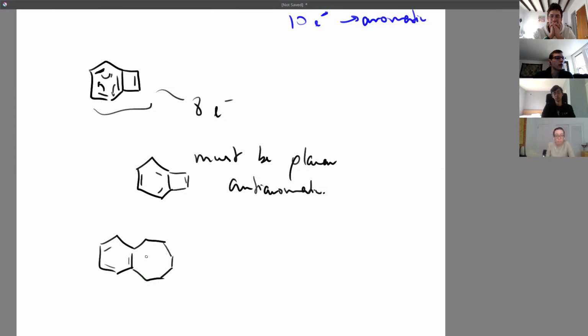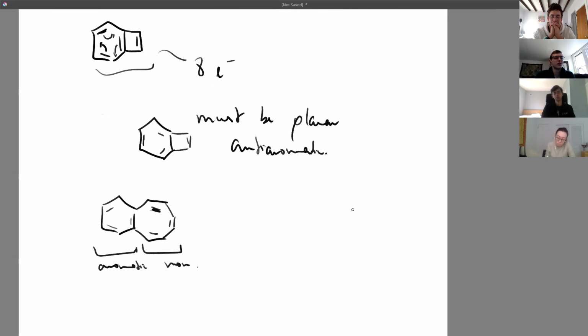Oh, because in this case, this part of the molecule would be aromatic and this part would be non-aromatic, right? And so what would you call this molecule? Non-aromatic, right? That's just the way I'm thinking about it.